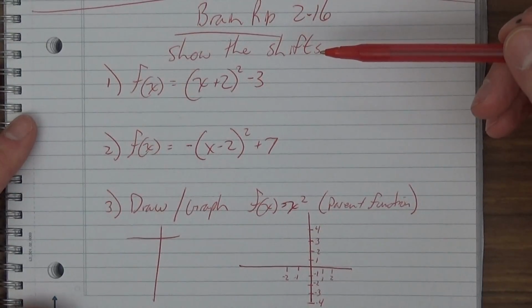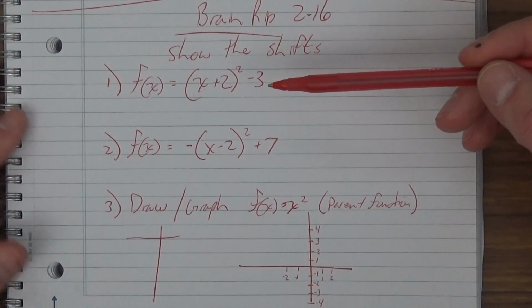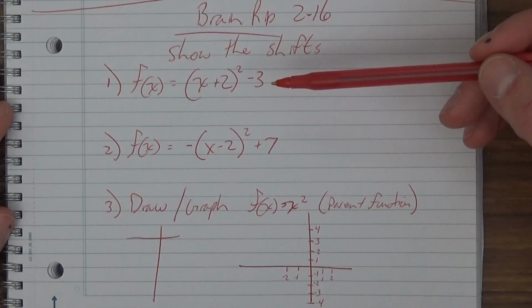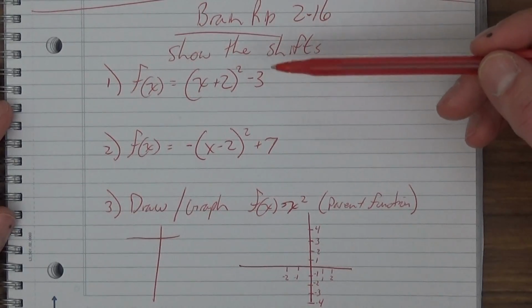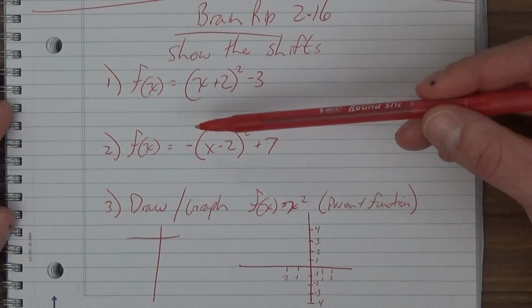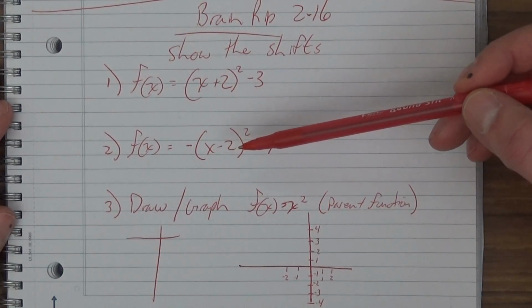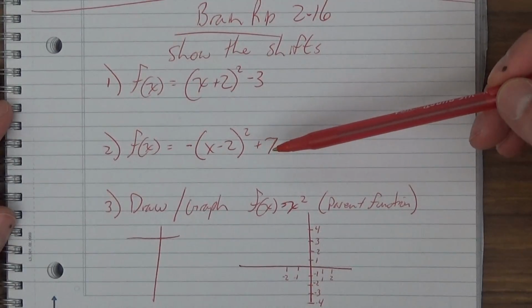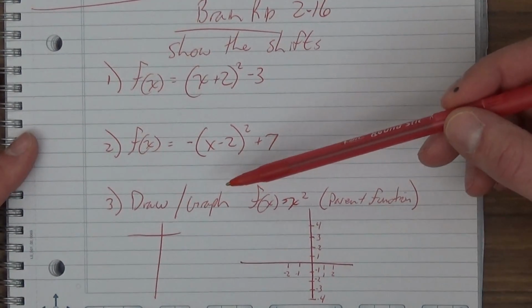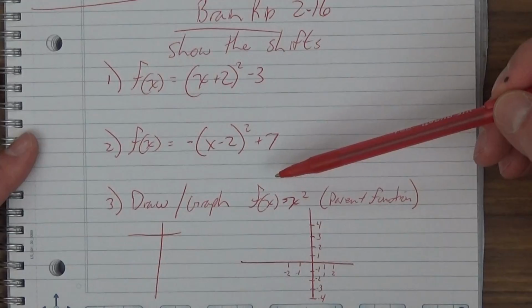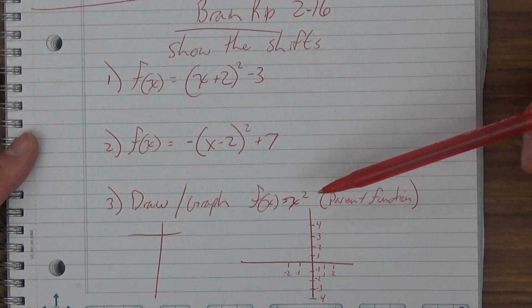This is what I want you guys to do. In your math notebooks with today's date, show the shifts. We have the function of x equals x plus 2 all squared minus 3. The function of x equals a negative quantity x minus 2 all squared plus 7. Then I want you to draw and graph the function of x equals x squared, the parent function.